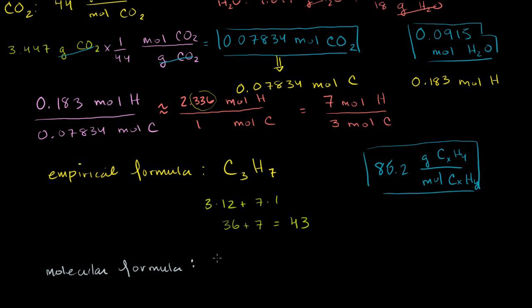So it must be C3H7 times 2, or we could write that as C6H14. This is still a ratio of 14 to 6, which is 7 to 3. But using this information, we were able to figure out the exact number of carbons and the exact number of hydrogens in this molecule. Anyway, hopefully you found that fun.